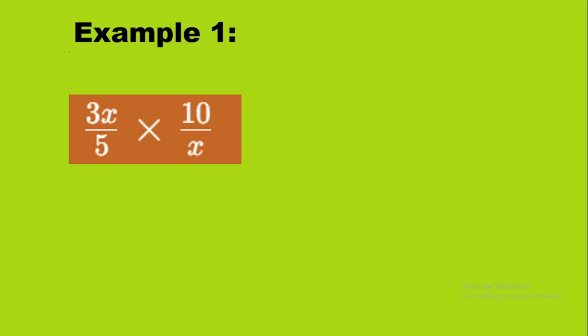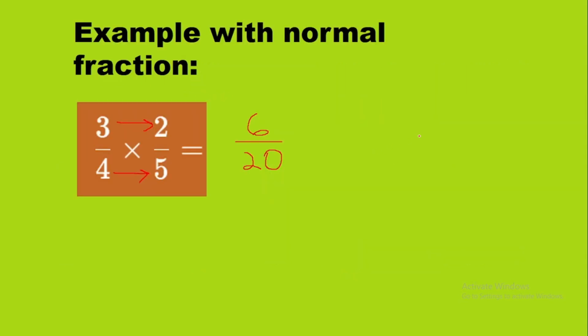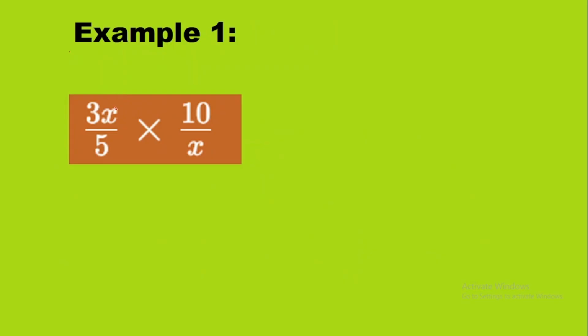It is now considered an algebraic fraction. And if you look at the other fraction right here, there is an x in the denominator. So both fractions are algebraic fractions. Now when multiplying fractions, we multiply numerator times numerator and denominator times denominator. It is very easy.